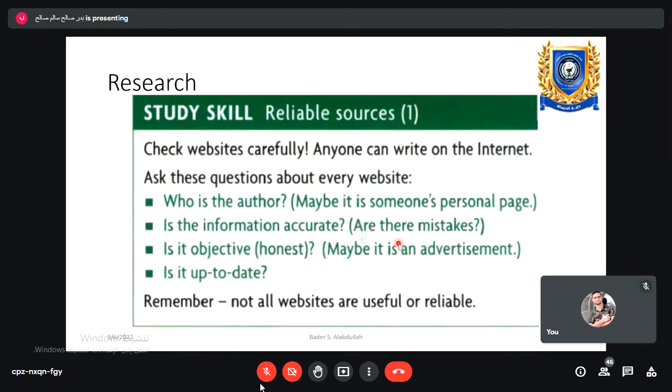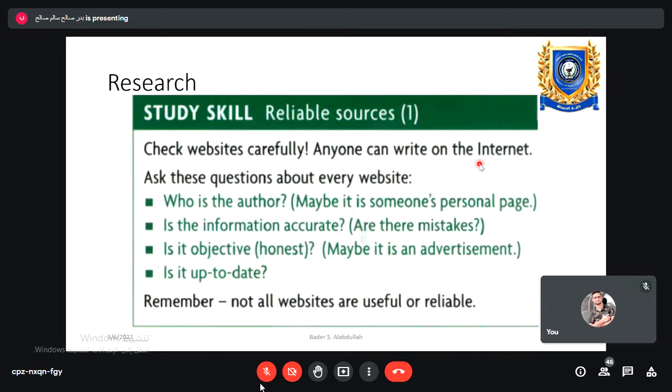You look for websites. Now, you have to check those websites carefully. Why? Because anyone can write on the internet. It's correct. Not every and each website is reliable.